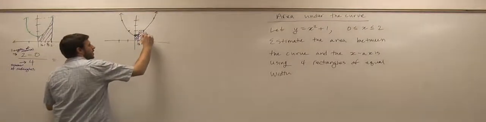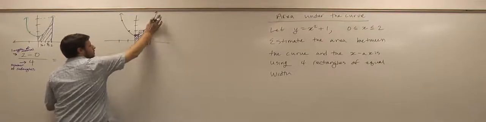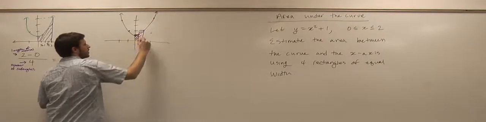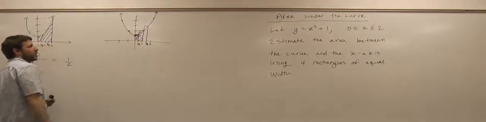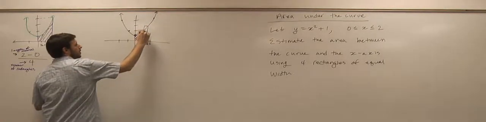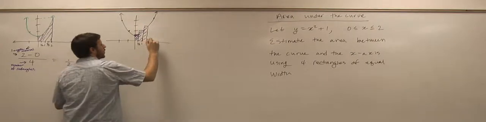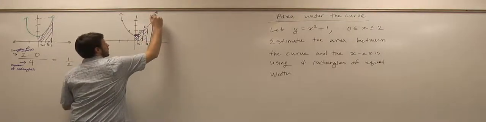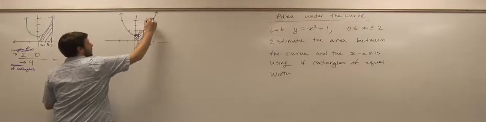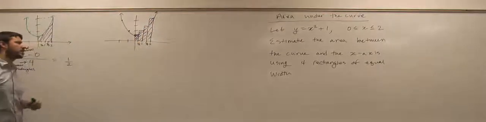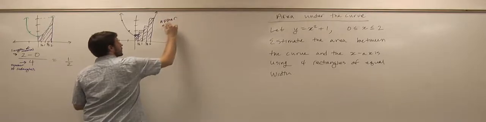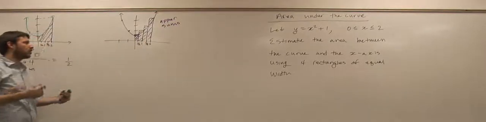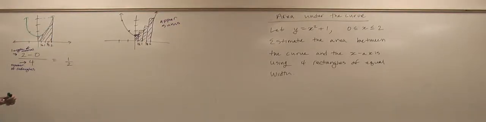At 3 halves, you go up to the curve and draw another rectangle of width 1/2. And at 2, you go up and draw another rectangle of width 1/2. These are called upper sums because you're overestimating the area. It's above the curve.